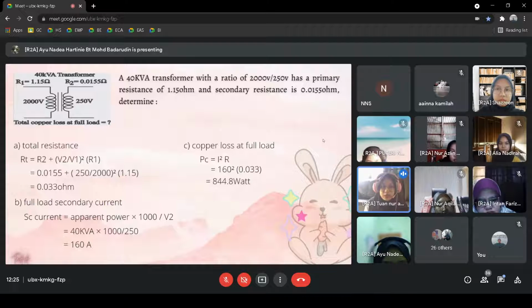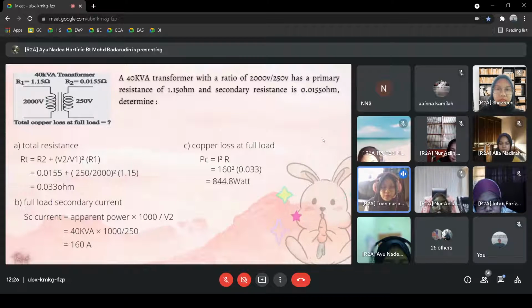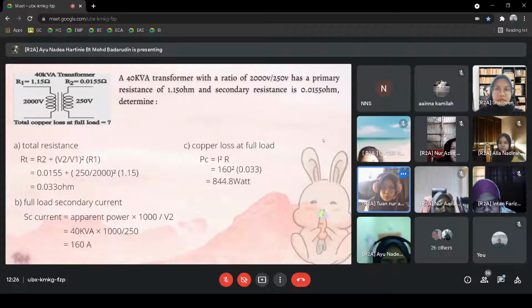The formula to find total resistance is RT equals R2 plus V2 divided by V1, squared, multiplied by R1. So R2 is 0.0155, plus 250, which is V2, divided by 2000, which is V1, squared, and multiplied by R1, which is 1.15. The answer for RT is 0.033 ohm.